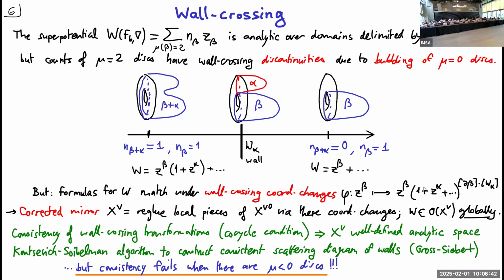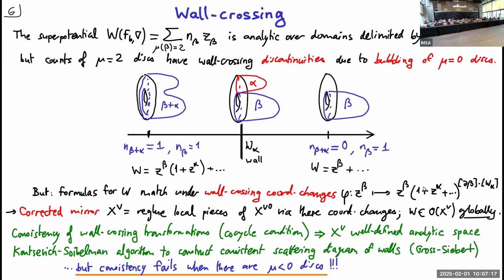And the axiom that really helps this to work is that wall crossing transformations are consistent. They satisfy a cocycle condition when you go around the loop in the base. And this tells you that the mirror is going to be a well-defined analytic space. The proof of this consistency, this cocycle property, relies on a very important fact that the interactions between different types of walls are about what happens when you see several kinds of Maslov index 0 disks.